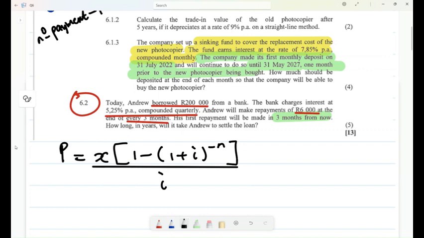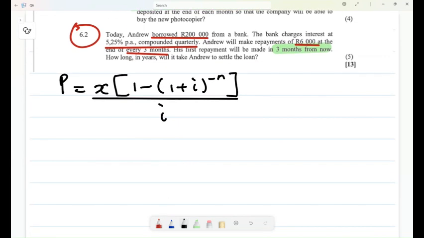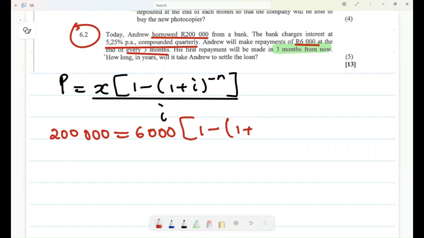When we move on, we're going to just substitute. What is P? P is the money borrowed. It is 200,000. Yo, so much money. X is the regular payments that you're going to make, which is 6,000. 1 minus 1 plus, what is our interest? Our interest is 5.25 divided by 100. It is how much? 0.0525, divided by what?